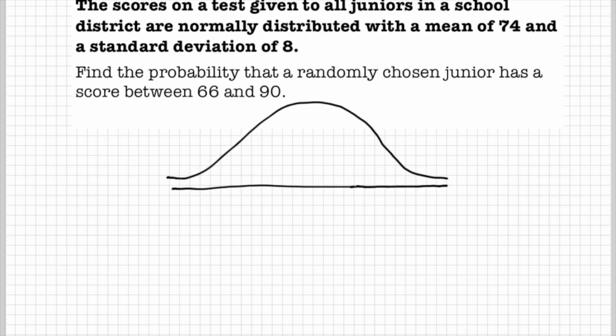We know that the center, or the mean, is 74, so we can label that. They also told us our standard deviation is 8, so we're going to add 8 to the right. That's 82, 90, 98, and you're going to subtract 8 for the left to make your number line: 66, 58, and 50.